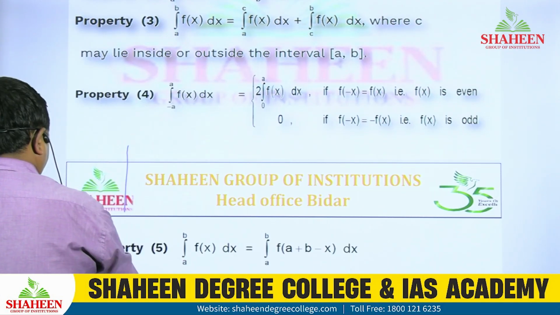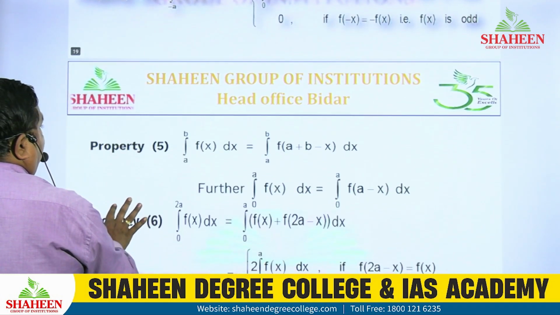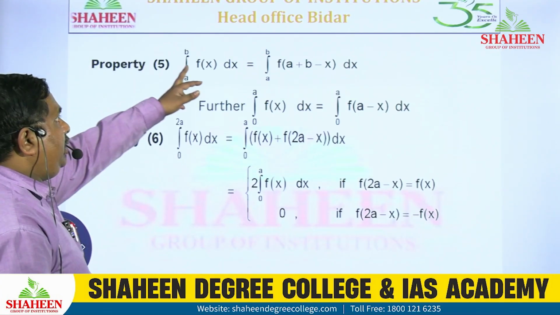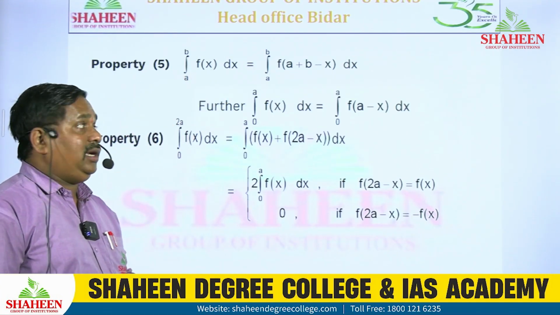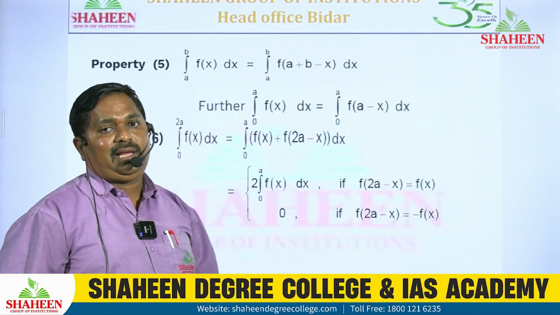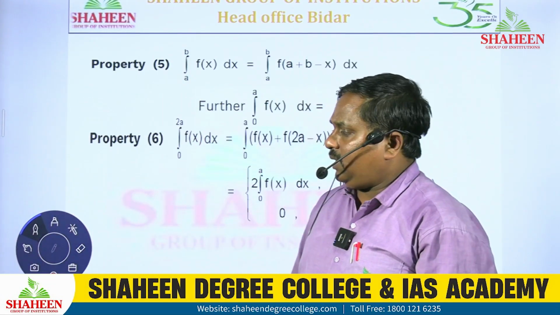Next, we have one more property: integration from a to b of f of x dx can be written as the integral from a to b of f of a plus b minus x dx.